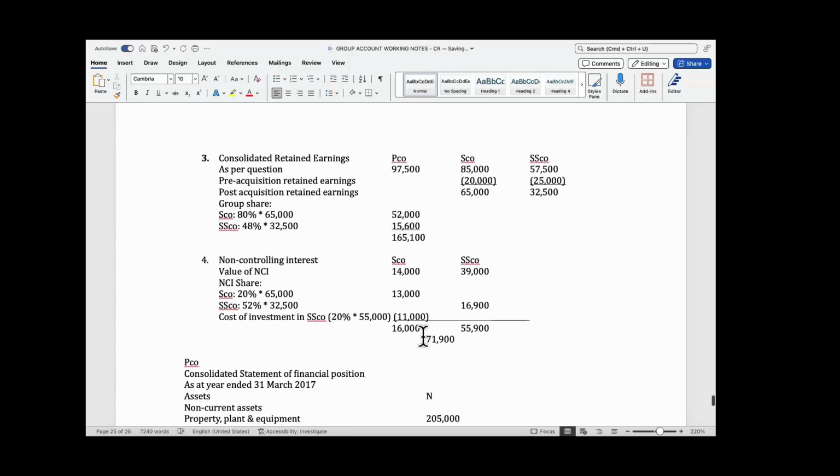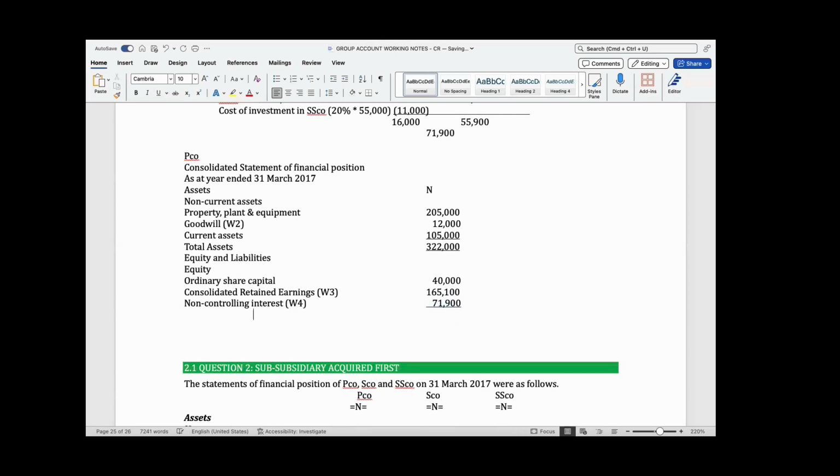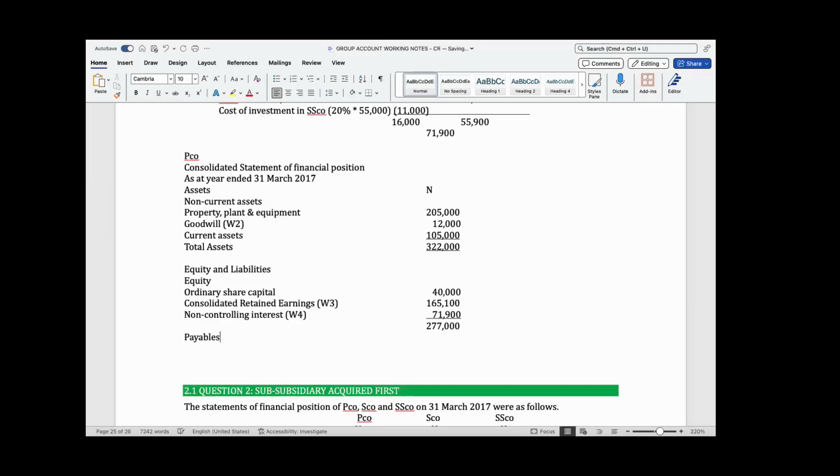So how much is the NCI? 71,900. So what's my total equity? We're adding it together. 277,000. Thank you very much.